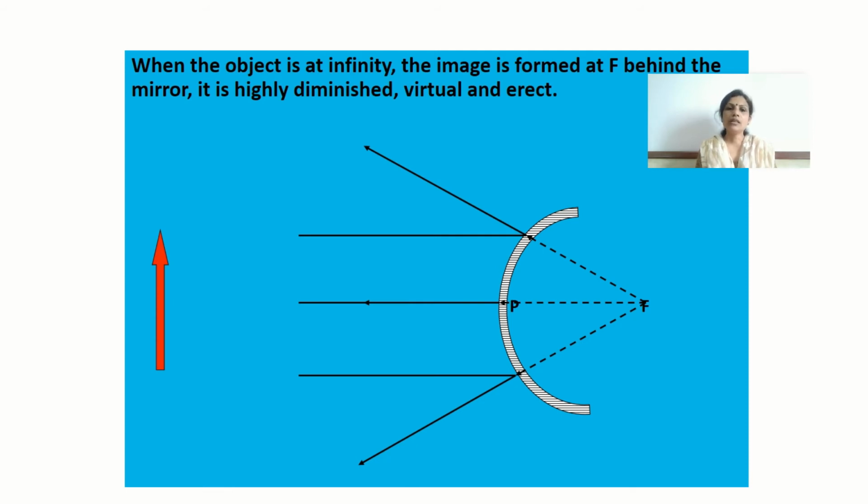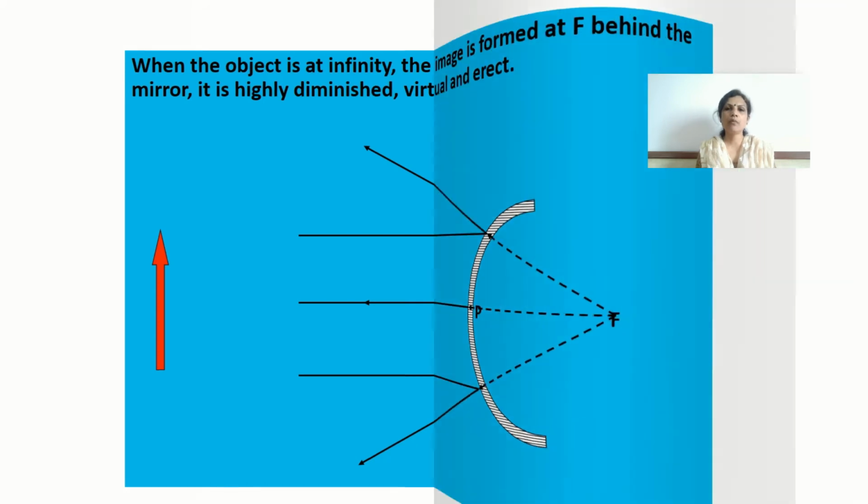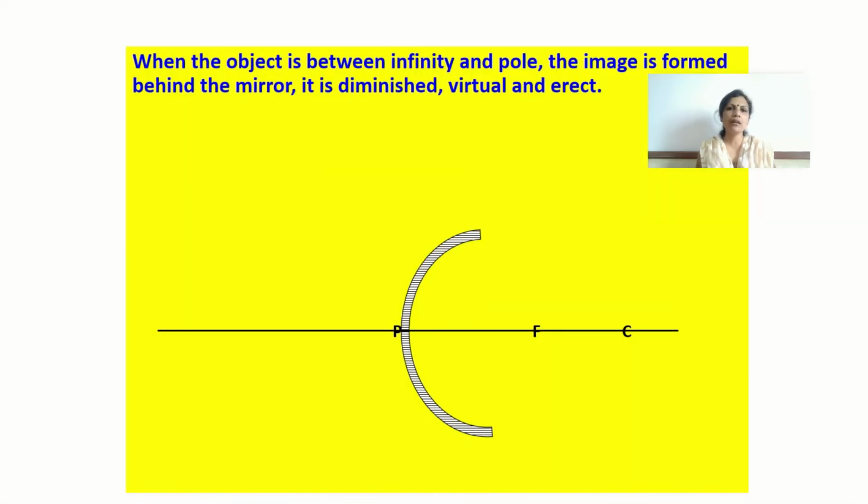Then when the object is placed between infinity and pole, you can keep the object anywhere between infinite distance and pole. Let's see where the image is formed. So we will make use of the rule, the ray parallel to principal axis. After reflection it diverges but appears as if it is coming from focus F. The second ray we will use, that when the ray of light is directed towards the center of curvature, after reflection it retraces the same path like this.